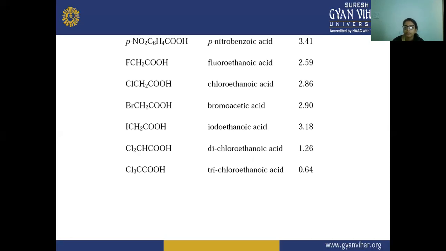And next is trichloroethanoic acid, having 0.64. So these are all acidic strengths of carboxylic acids, and trichloroethanoic acid has a much lower pK value as compared to the others, because the 3 electron withdrawing chlorines are attached to this ethanoic acid. That is why it is having a lower pK value.